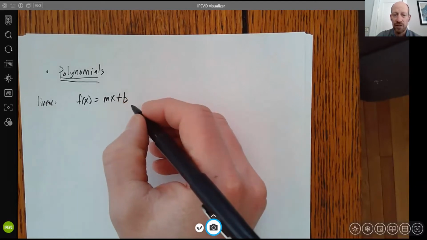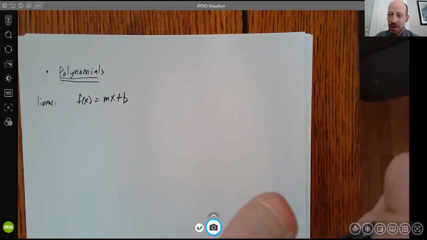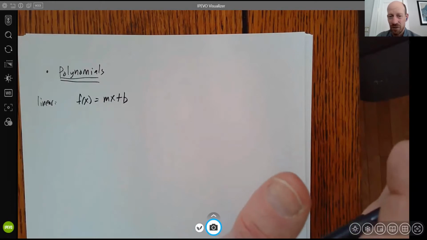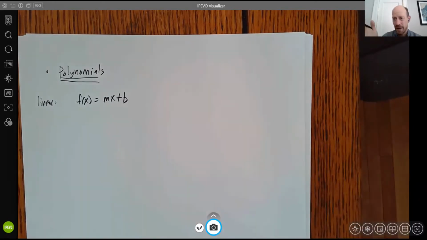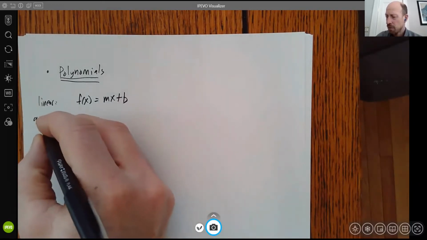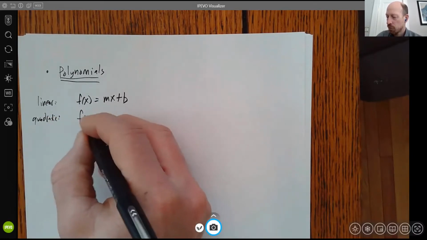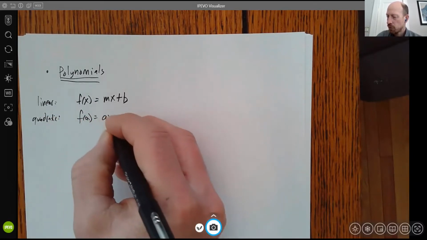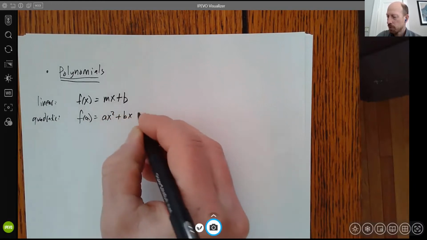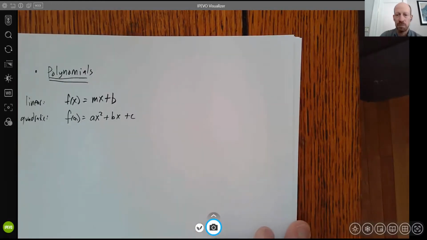There's just a single x. We really know everything that's interesting about lines. We know what they look like, what their intercepts are, and how to describe a line. And we should also know about quadratic polynomials too. So we normally write quadratic polynomials like this, right? ax squared plus bx plus c.